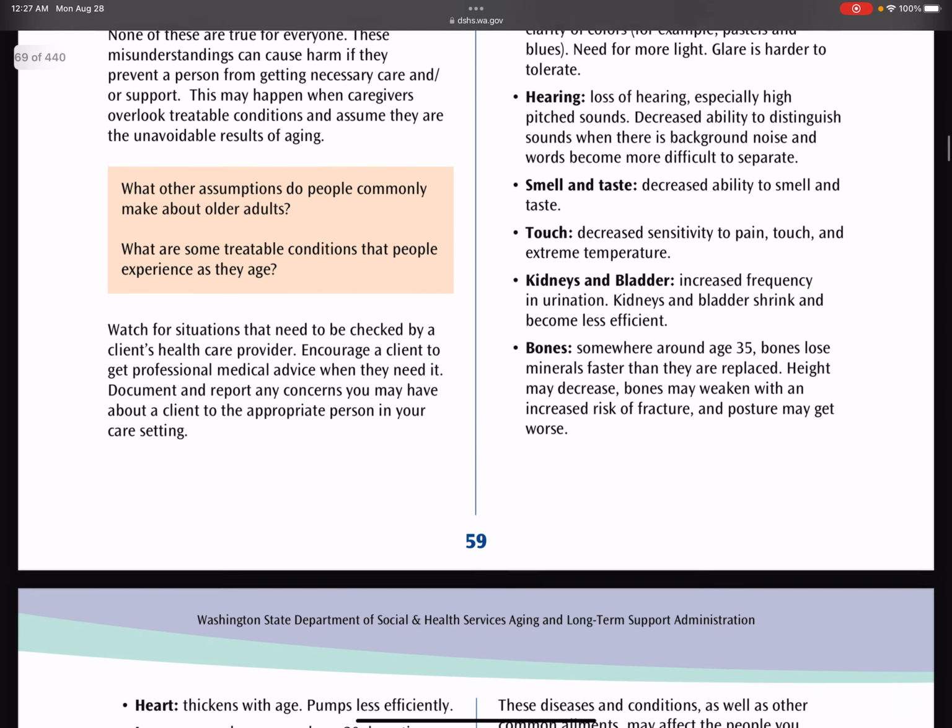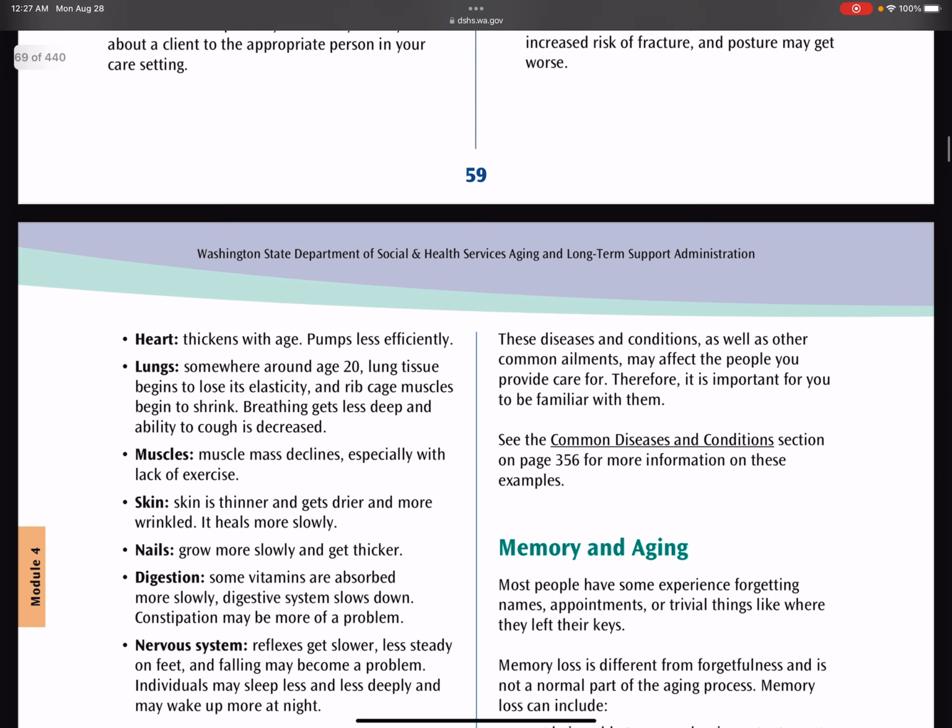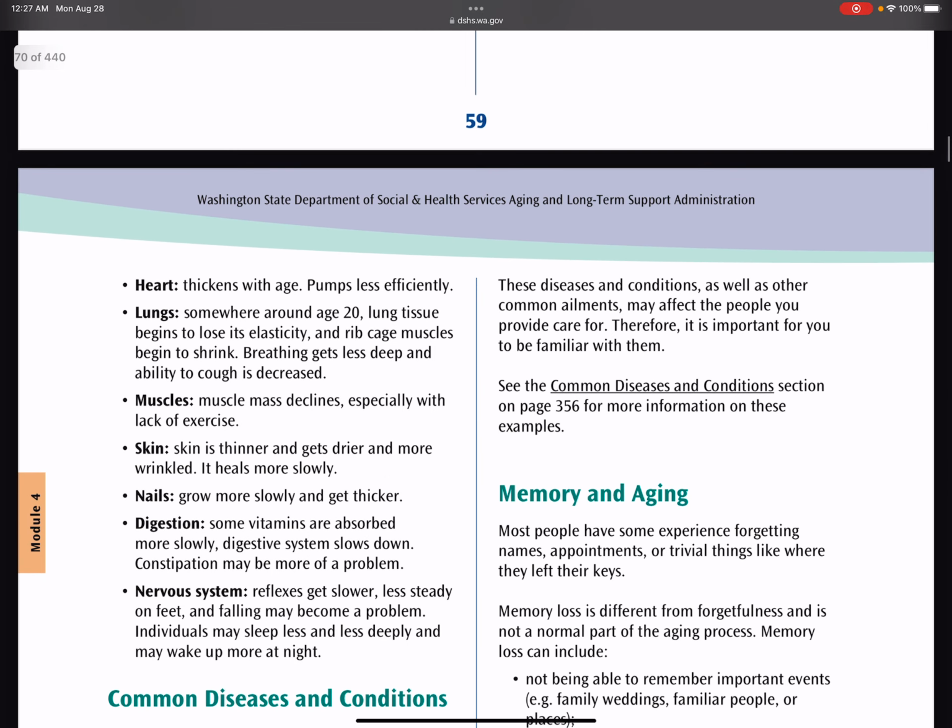Your bones become brittle, and your height might be less. Your heart doesn't beat as it's supposed to. Your lungs begin to lose elasticity. Your muscles become weak because of lack of exercise. Maybe your skin is very thin and dry.